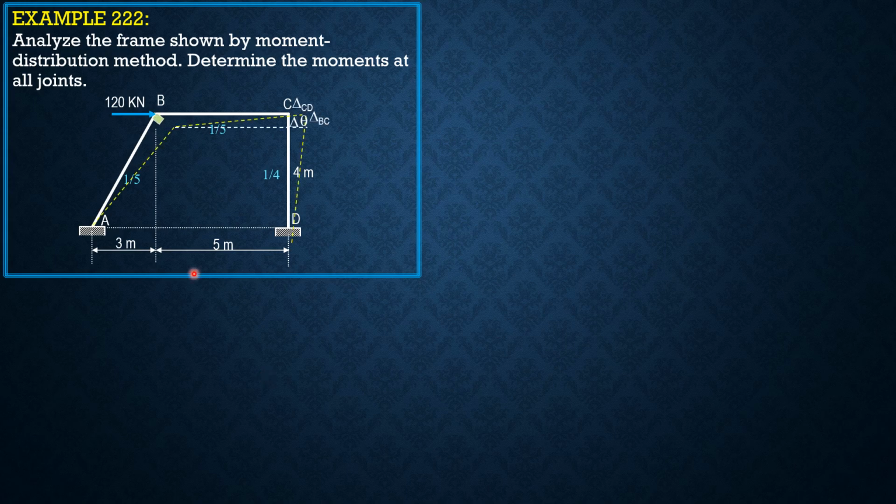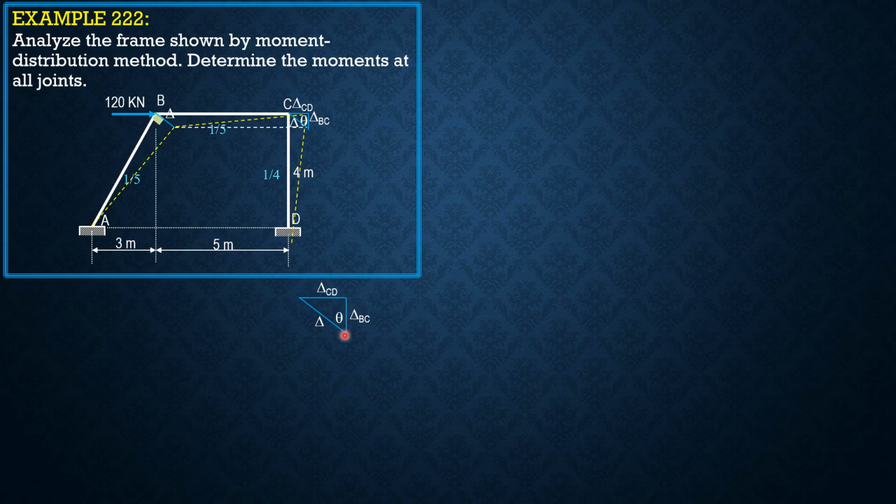So this is the anticipated deflected shape. So let's relate the side sways for BC and CD in terms of the side sway displacement of member AB. So take note that this is theta, the angle between the vertical and the line perpendicular to the sloping end.